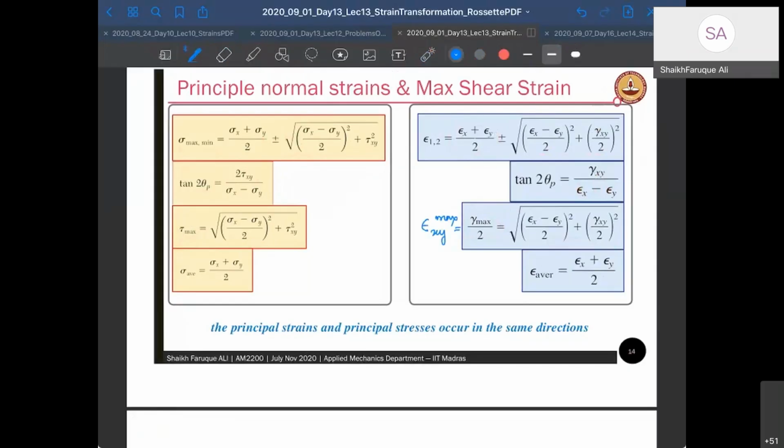And the average is given by the sum of the normal strains by 2, and that is constant for any direction of rotation you take. So principal strains and principal stresses occur in the same direction. Where the stress is high, the strain will also be high in the same place, right?